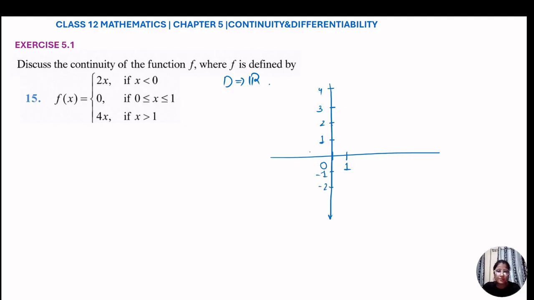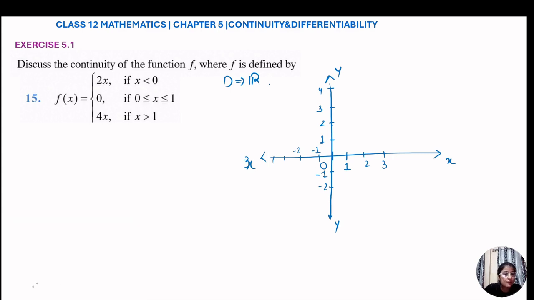We also need this part. This will be -1, this will be -2, and so on, and this will be 1, 2, 3, and so on. So this is our x-axis and this is our y-axis. Now let's start making our graph.